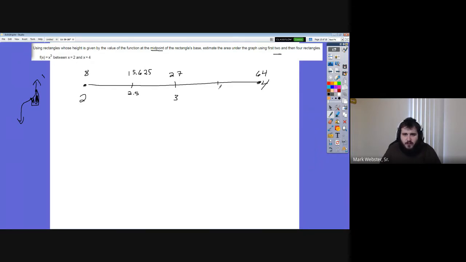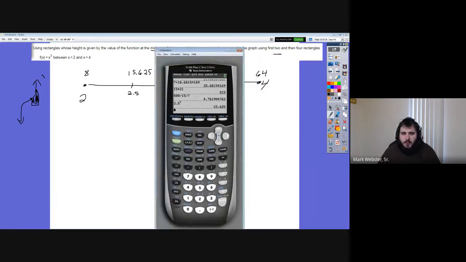What's halfway between 3 and 4? Well, what's 3.5 cubed? Good question. 42.875. Great.